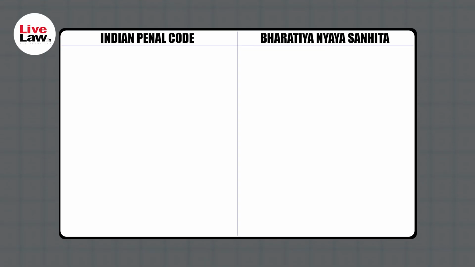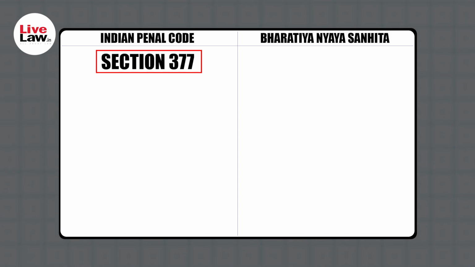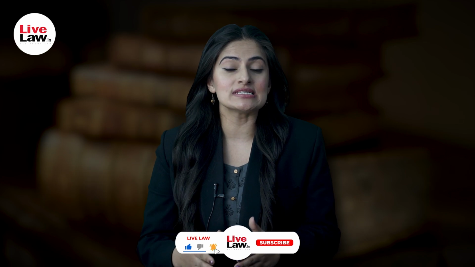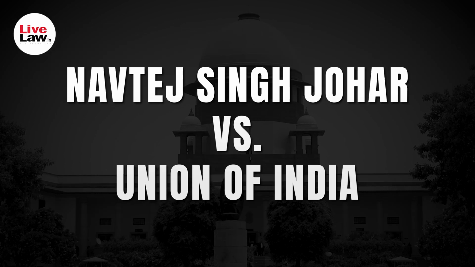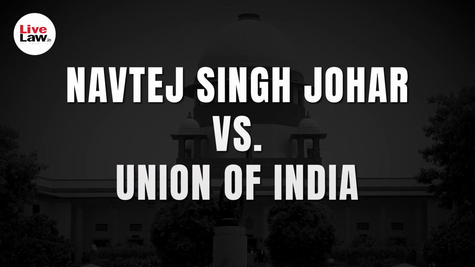First, we see that Section 377 of IPC has been deleted, and unnatural intercourse against men or bestiality are no longer offences under BNS. Yes, it is essential to note that in the landmark ruling of the Apex Court in Navtej Singh Johar, a bench of 5 judges of the Supreme Court had partially struck down Section 377 of IPC, which criminalized consensual carnal intercourse.